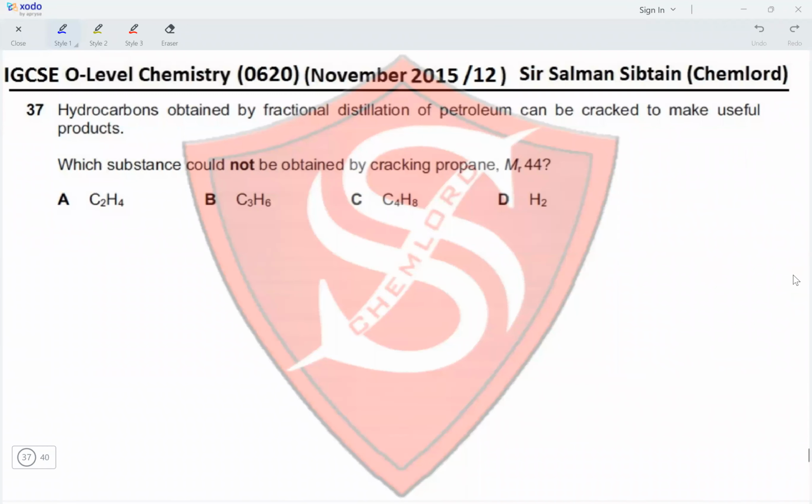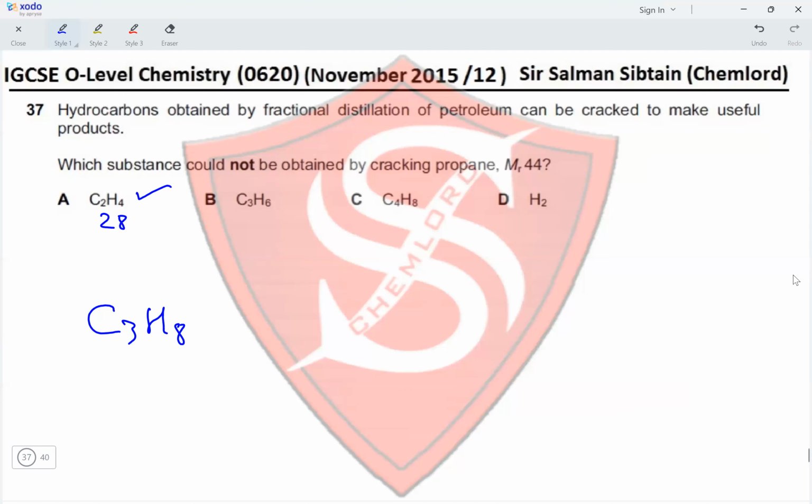Question 37. Hydrocarbons obtained by fractional distillation of petroleum can be cracked to make useful products. Which substance could not be obtained by cracking? Propane with a mass of 44. So if we have C3H8, this is what propane is. So we cannot have anything which has a mass greater than that of C3H8. So C2H4, 12 times 2 is 24 plus 4 is 28. This is correct.